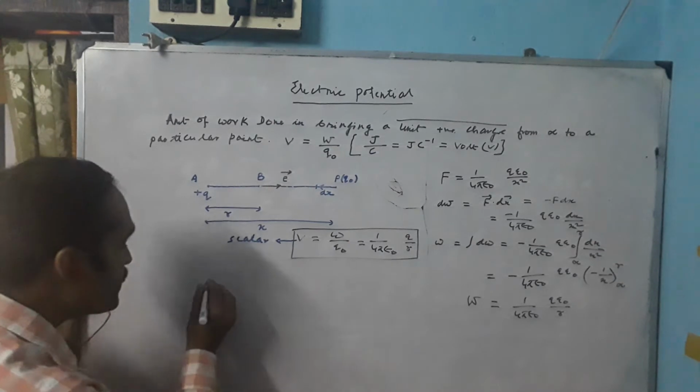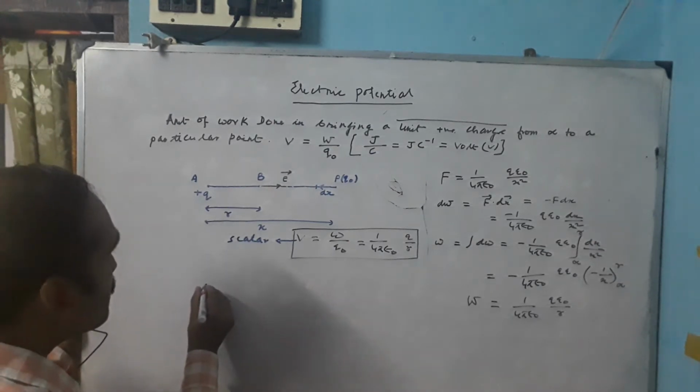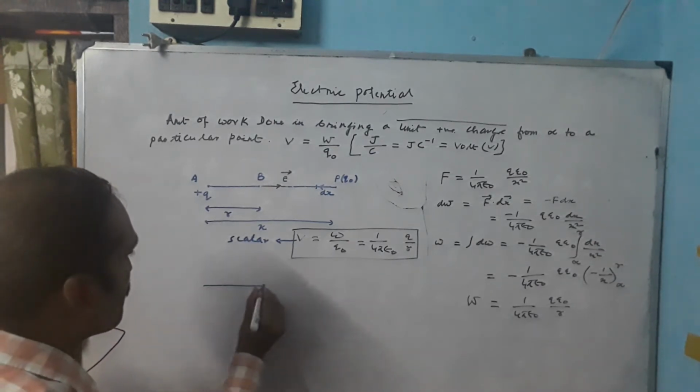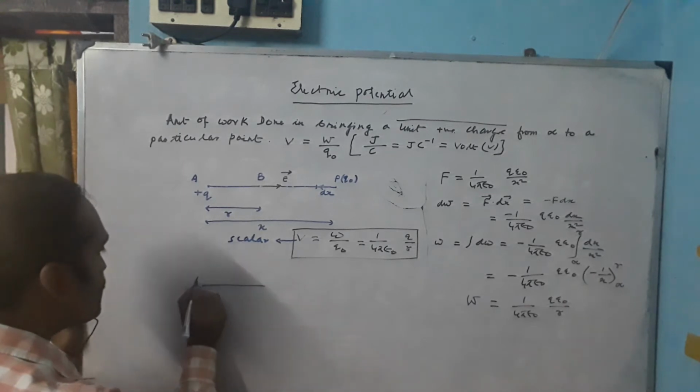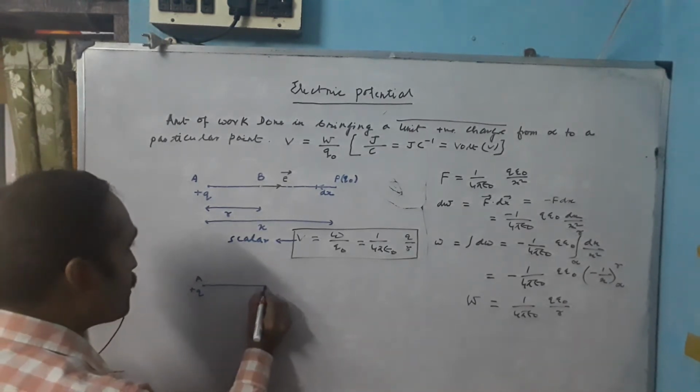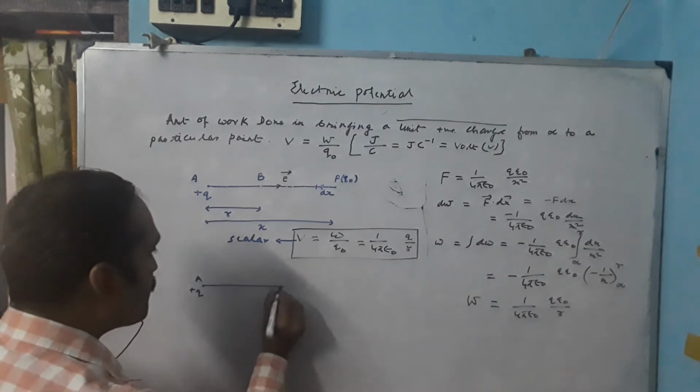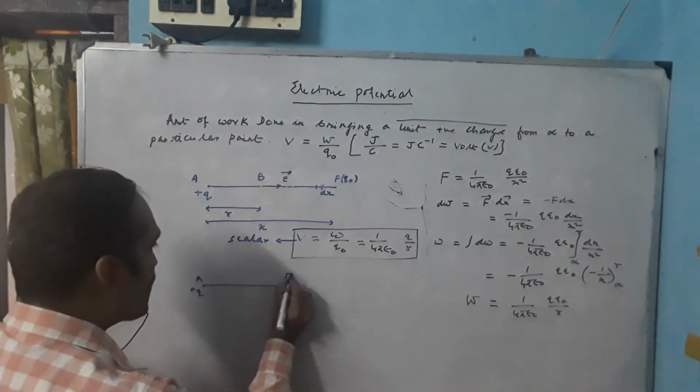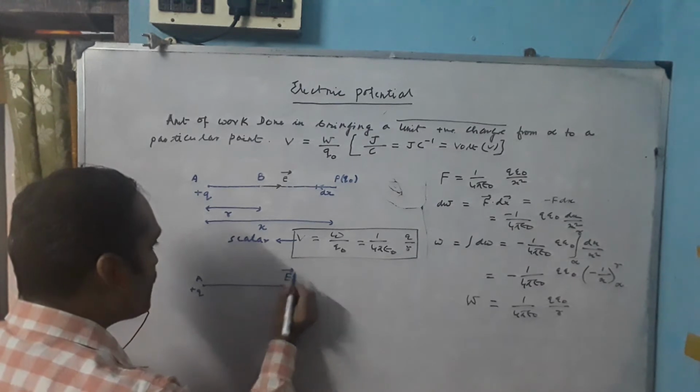Now let us take one more example. Suppose this is your point A plus Q. This is the direction of electric field.